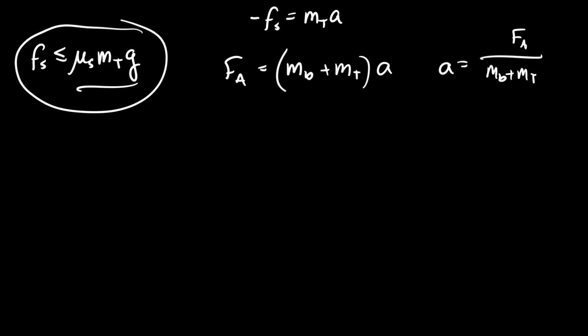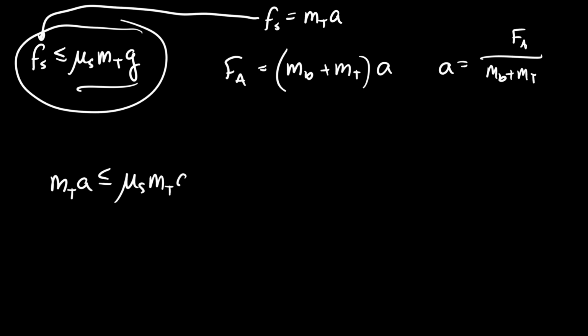I do recognize I could make that substitution. I think this is top-level thinking, folks. This is hard stuff. But I could make that substitution, couldn't I? Now this cancels out mt. And says that my acceleration has to be less than or equal to mu s times g.